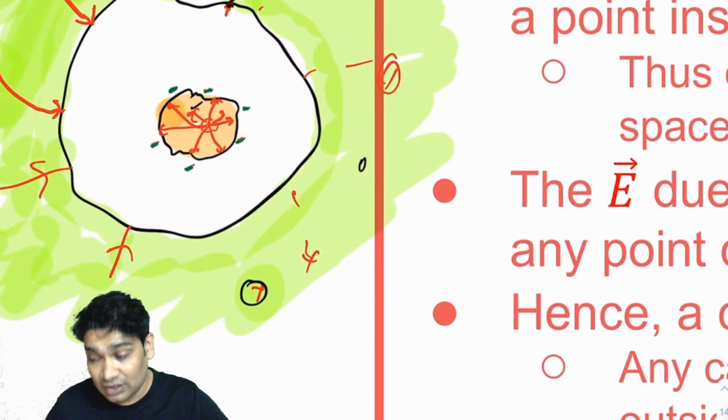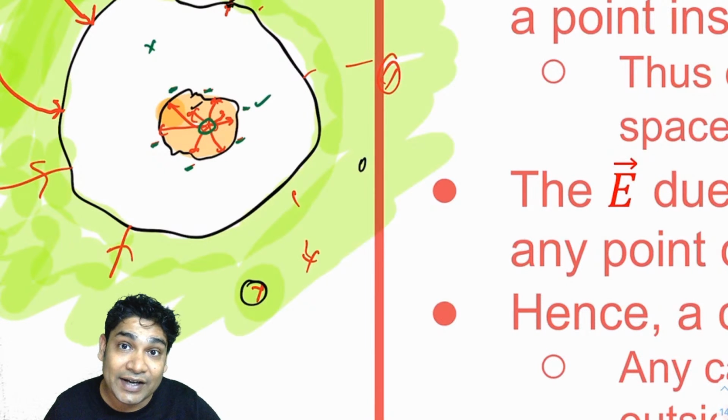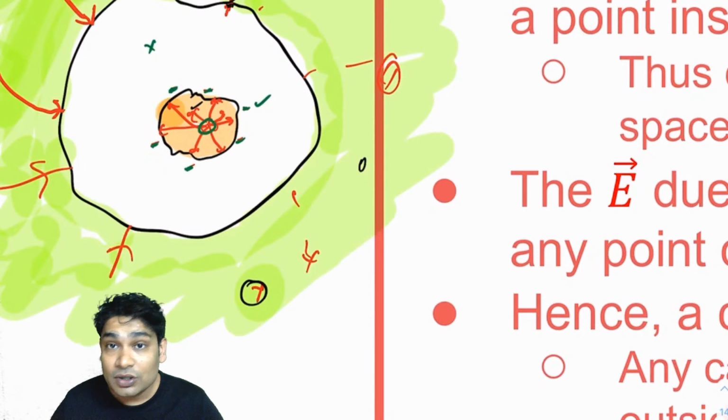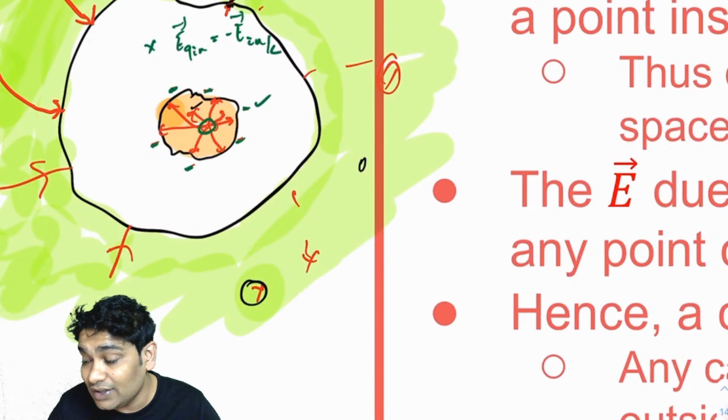So if you notice, for anywhere here, the electric field due to this charge would be exactly equal and opposite to the electric field due to all these induced charges. So remember, here the electric field E due to Q inside would be equal to minus of E due to charges induced inside the cavity.